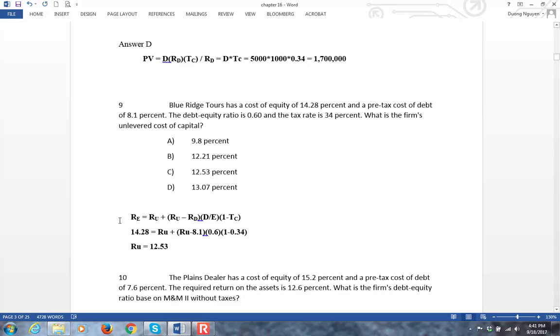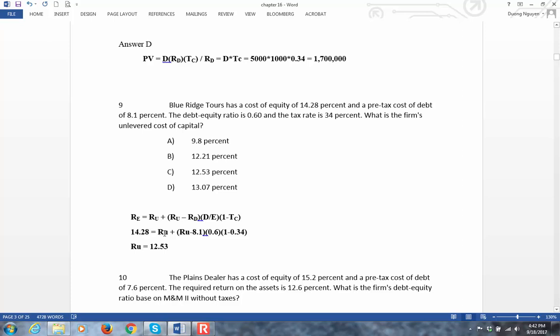So the same formula we have been using: cost of equity equals R_U, the unlevered cost of capital, plus (R_U minus R_D) times D over E times 1 minus tax rate. So R_E is 14.28.